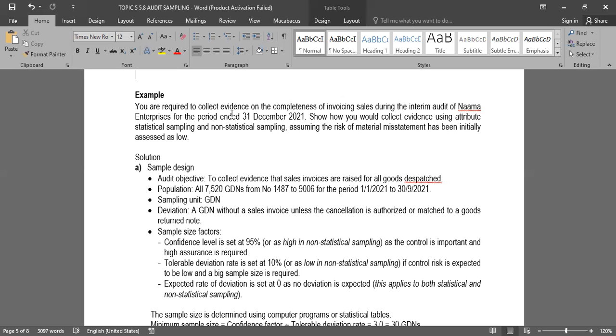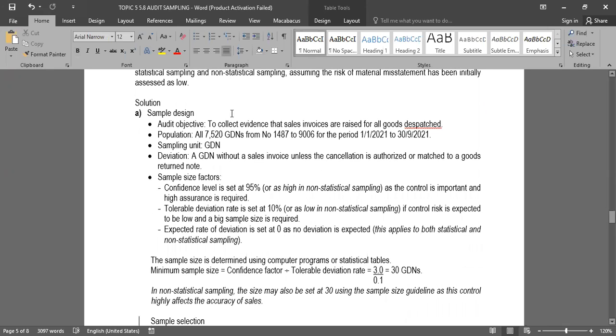The expected rate, I think, is always revised during the audit, depending on what you're seeing as you move on. However, if it's set at 0, meaning that there is no deviation in any way, then it will lead us to coming up with a sample. I'm just giving a brief of this before we look at this very example. Now, all those are under sample design.